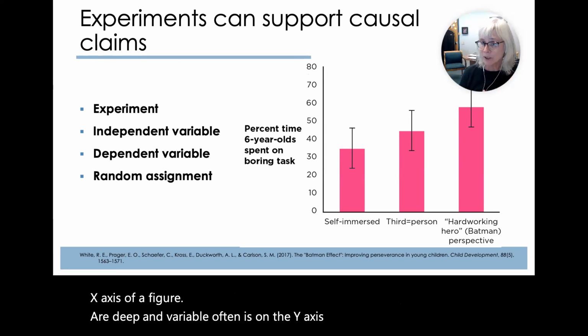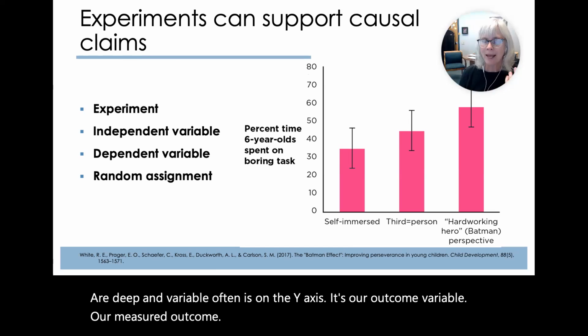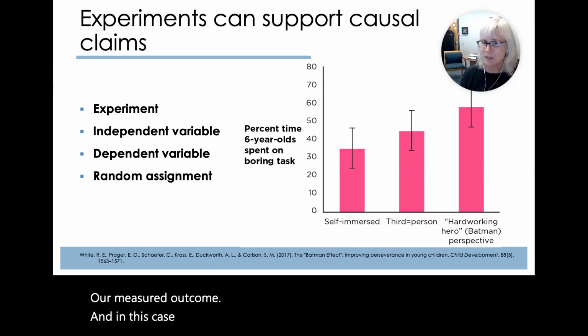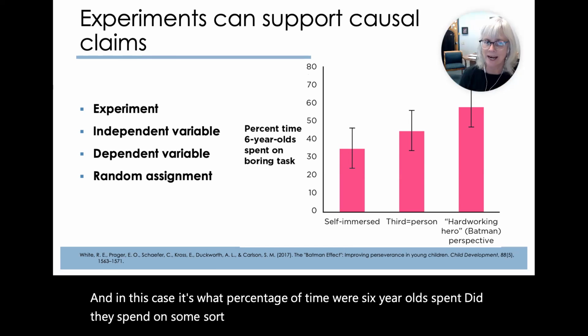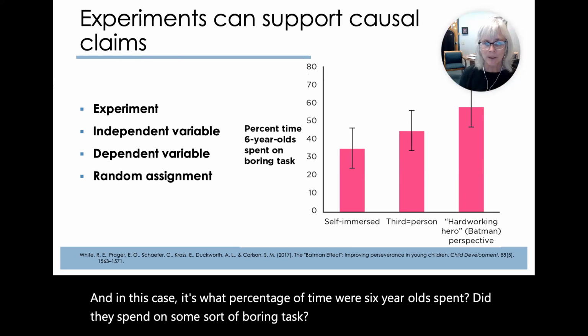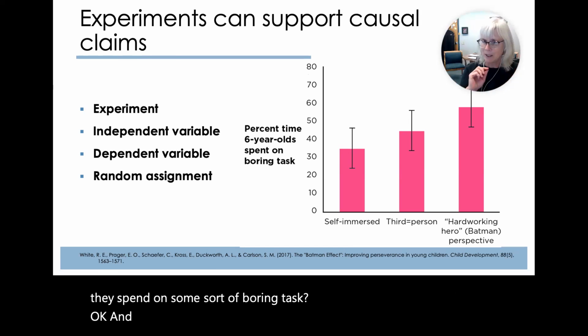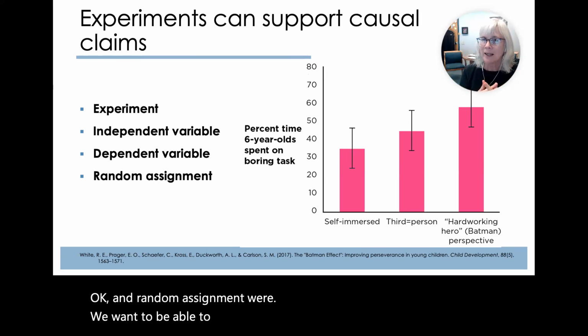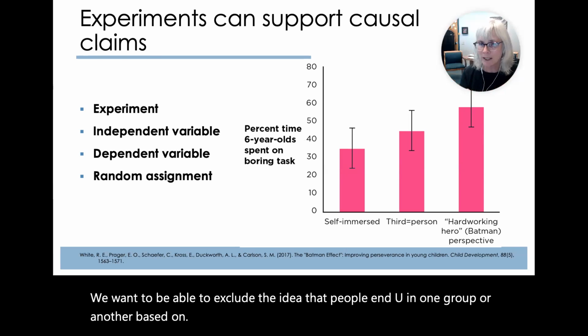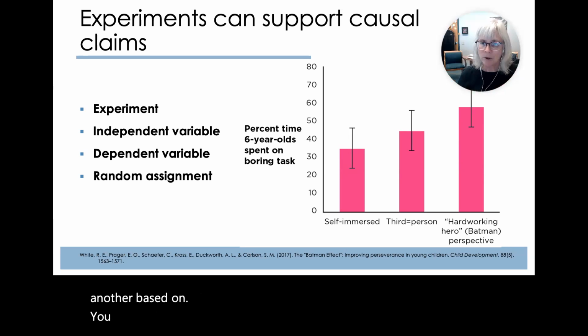It's our outcome variable, our measured outcome. And in this case, it's what percentage of time did 6-year-olds spend on some sort of boring task? Okay, and random assignment, we want to be able to exclude the idea that people end up in one group or another based on some other factor unrelated to our hypothesis.